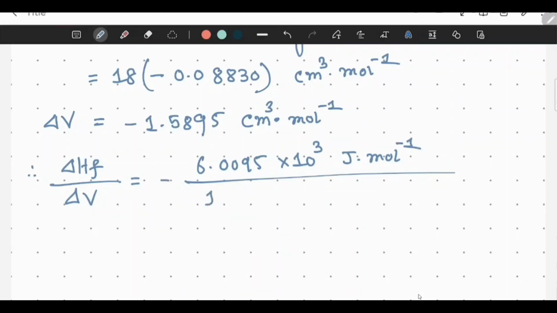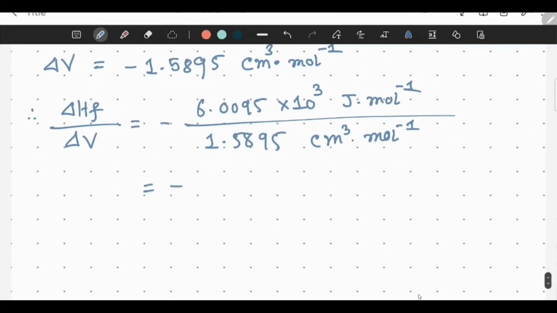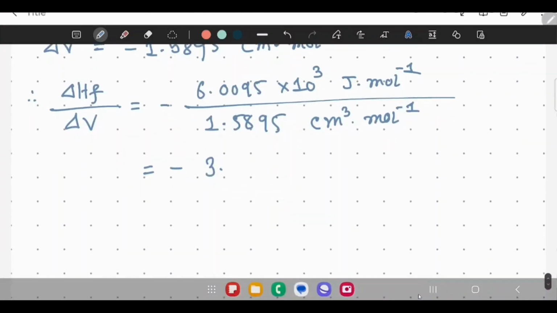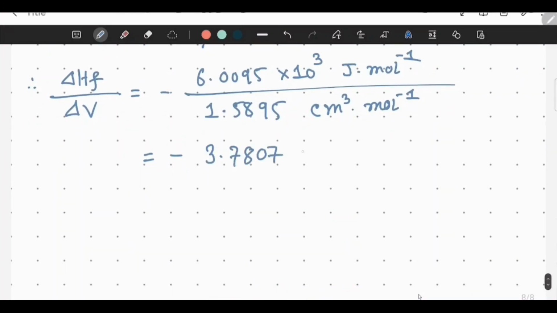And it is 1.5895 centimeter cube mole inverse. So it will eventually be 6.0095 divided by 1.5895. So it is 3.7807 into 10 to the power 3 joule per centimeter cube.